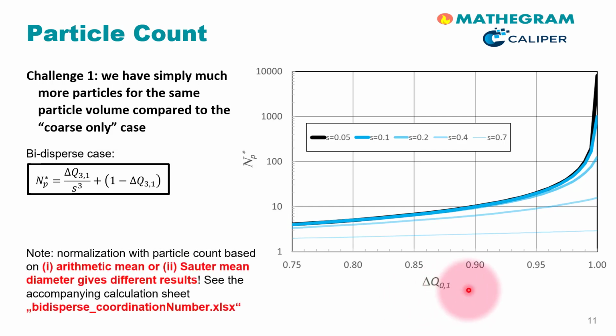Of course, this normalization with the number of coarse particles is a bit unfair. One can also normalize it with other particle counts, e.g. based on the arithmetic mean or the Sauter mean diameter. I have summarized these results for you in a separate calculation sheet that is available for you on the iMooX platform.